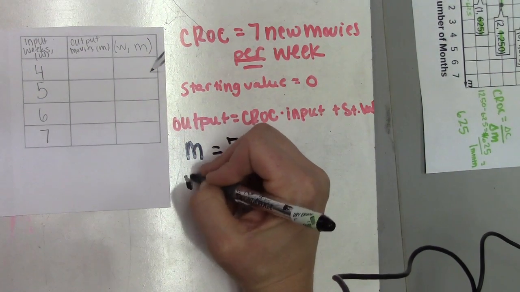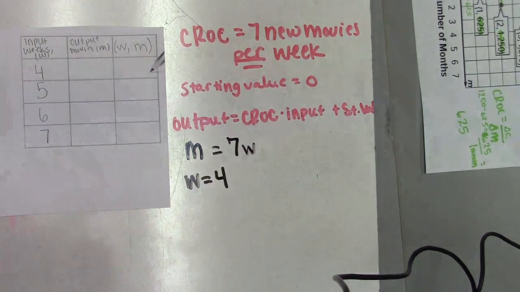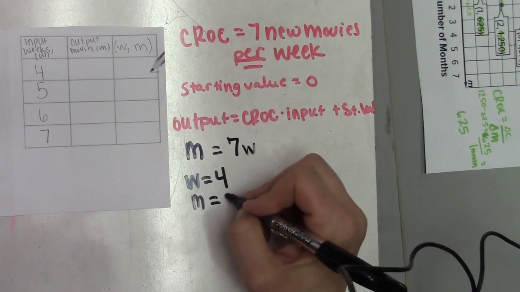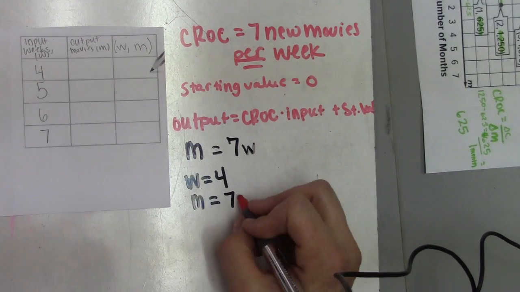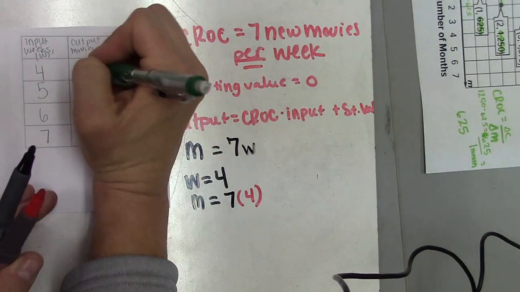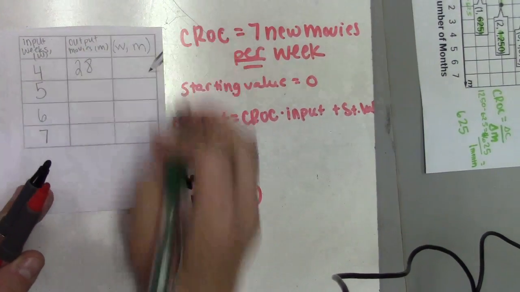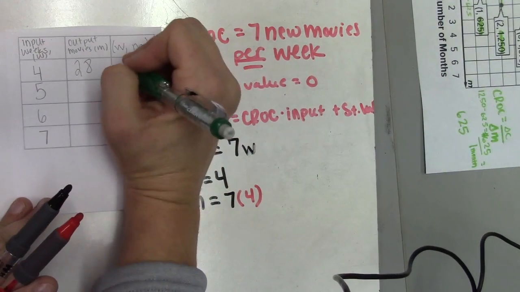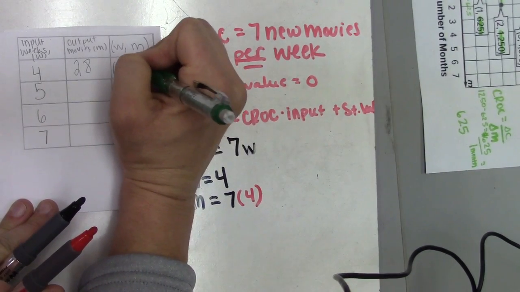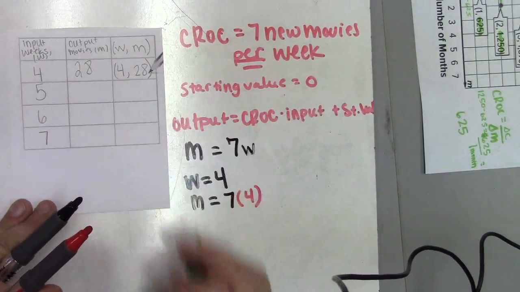So if W equals 4, in place of W in my equation, I'm going to substitute 4. So M equals 7 times 4, because it's 4 weeks. Well, 7 times 4 is 28. So at 4 weeks, there are 28 movies, which means my ordered pair would be 4, 28.